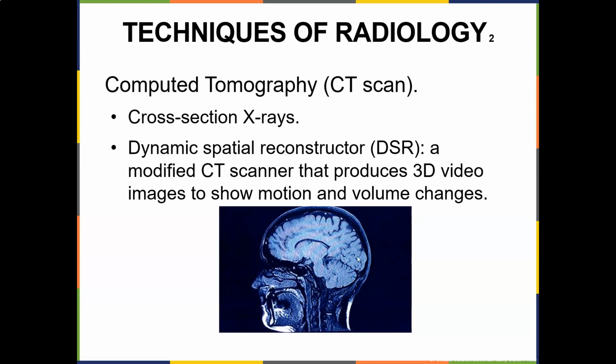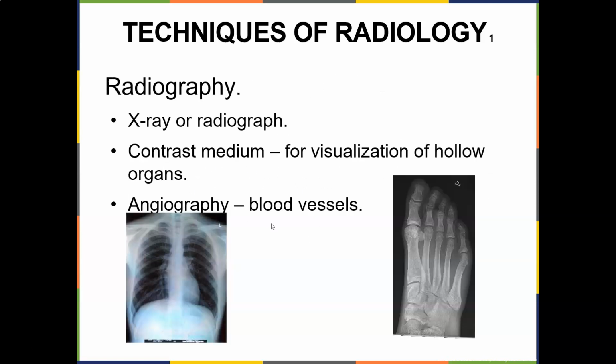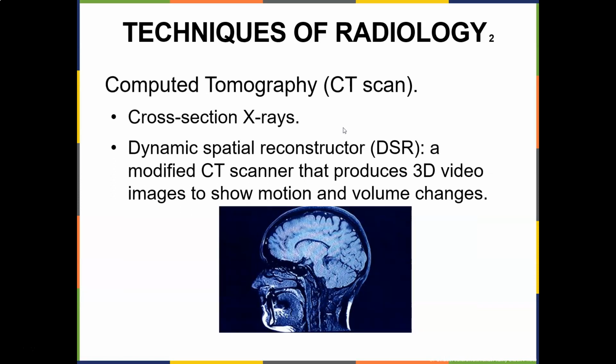Okay, CT scans are great for detecting cancer. The problem with that is the radiation exposure. Radiation exposure on x-rays is very minimal. Okay, but the radiation exposure on CT scans could be the equivalent to hundreds of x-rays. So you want to use this sparingly. You don't want to just order CT scans on all patients.